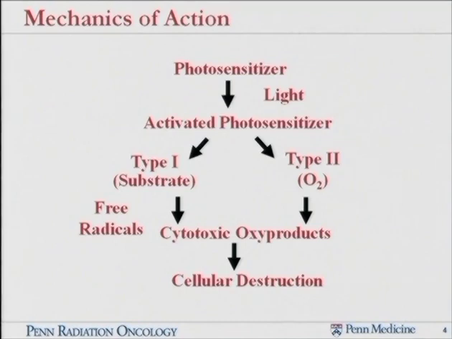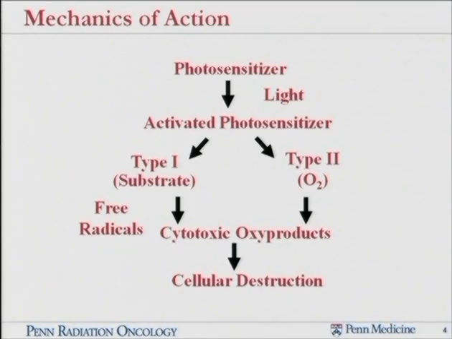There's also a possible type 1 interaction where free radicals other than singlet oxygen are generated. In the end, they all cause cytotoxic damage through cytotoxic oxygen products, doing the cellular damage. So really, there are two things to target the tumor.